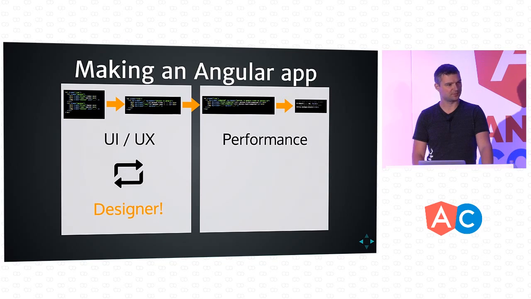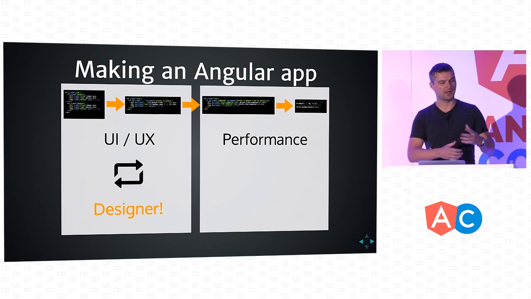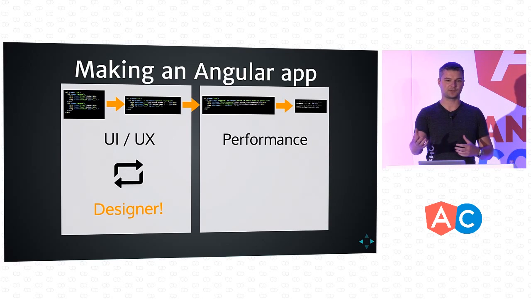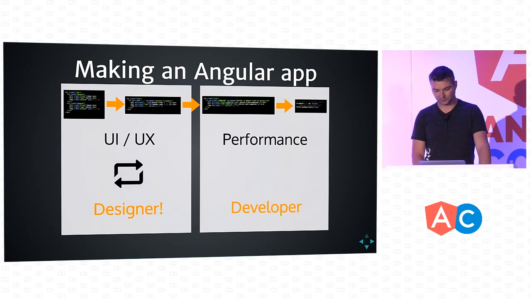And this could all be done by a designer. Angular makes it so simple that the initial goal of wiring the application, of experimenting, of showing something to the client and then hearing, yes, that's exactly what we need to build and optimize, can be done by a designer or someone with minimal experience. And once we know that we're building the right thing, then the developer comes in and works on performance.